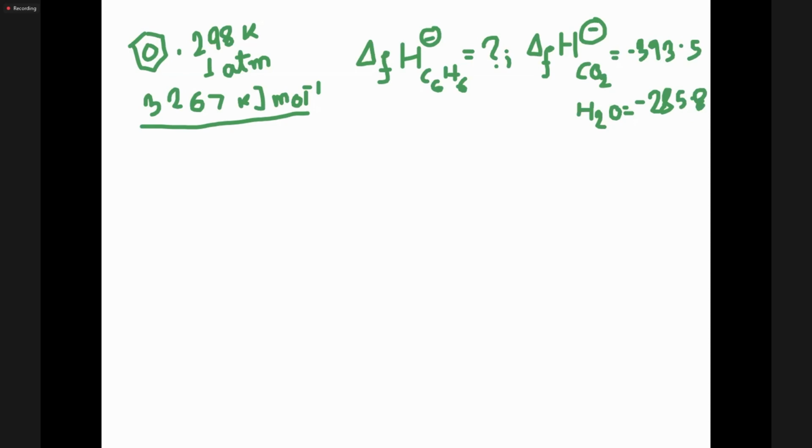Now for this, the formation reaction of benzene is from its elements. We have to calculate delta fH° of the reaction. If we have to calculate the formation enthalpy of benzene, we have to see how benzene is formed from the elements. Benzene is made up of carbon and hydrogen atoms.